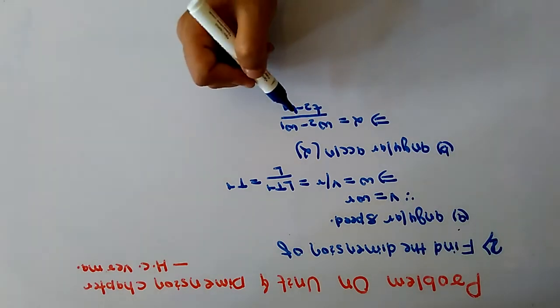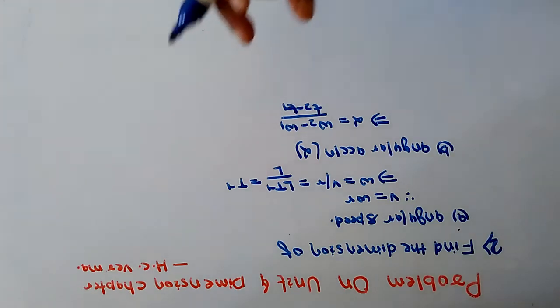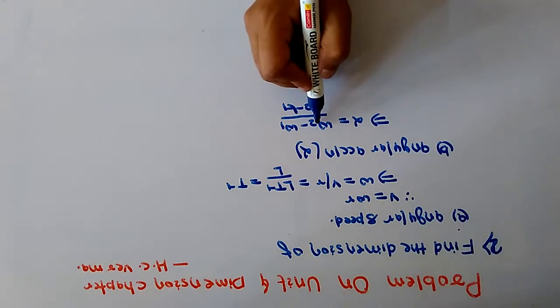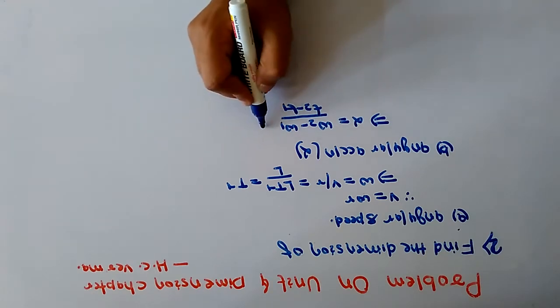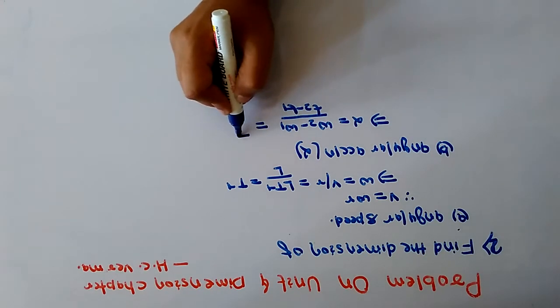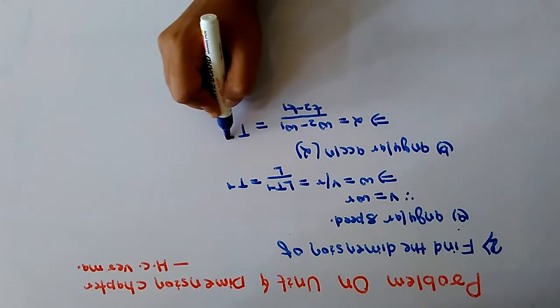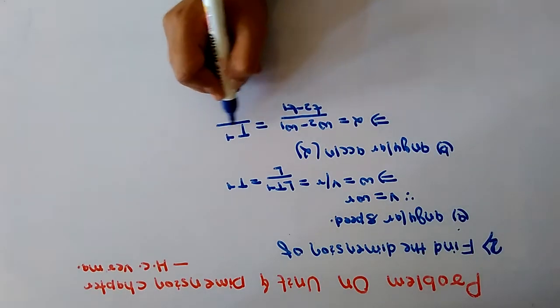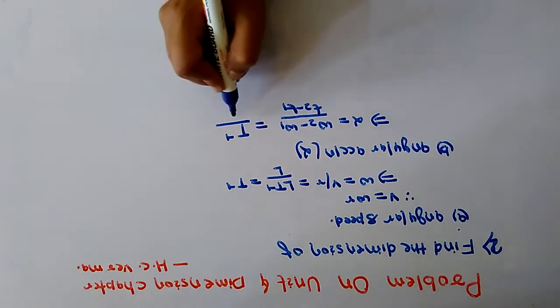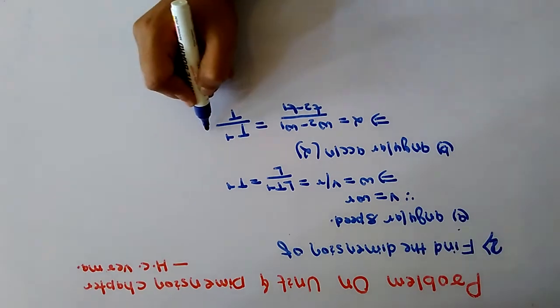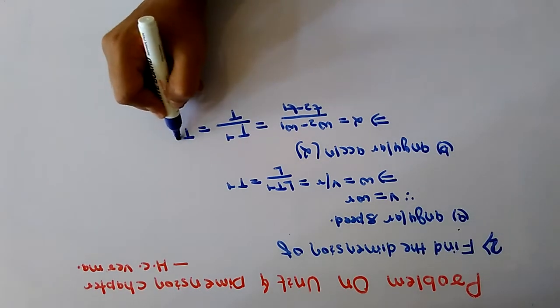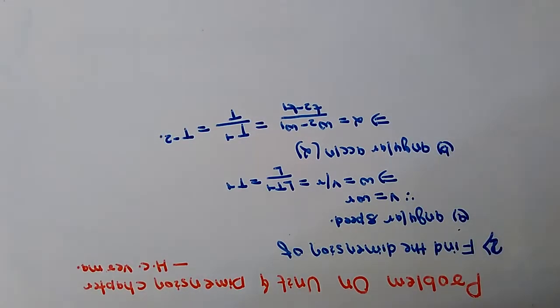When quantities are combined with a plus or minus sign, both must have the same dimension. Here omega_2 and omega_1 have dimension T^-1, and t2 minus t1 is time, so it has dimension T. So we can write it as T^-2.